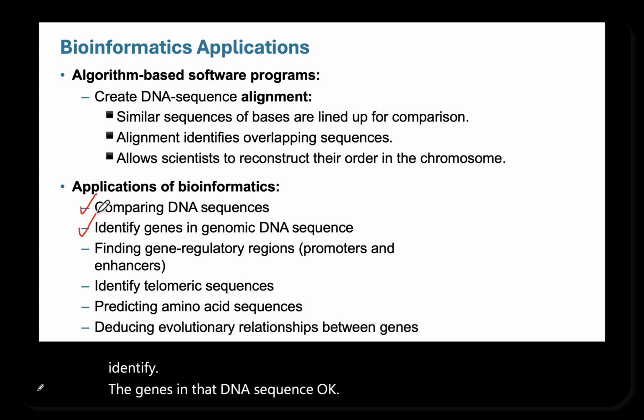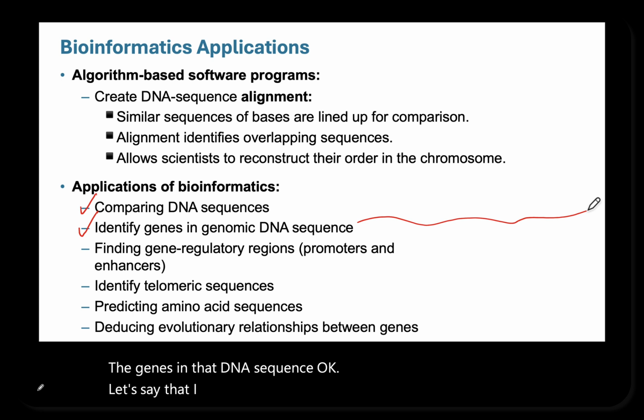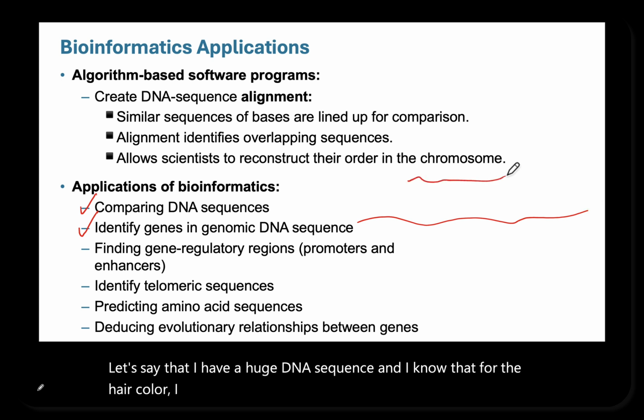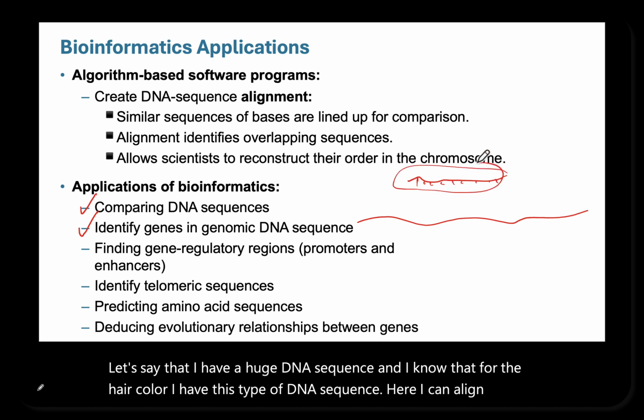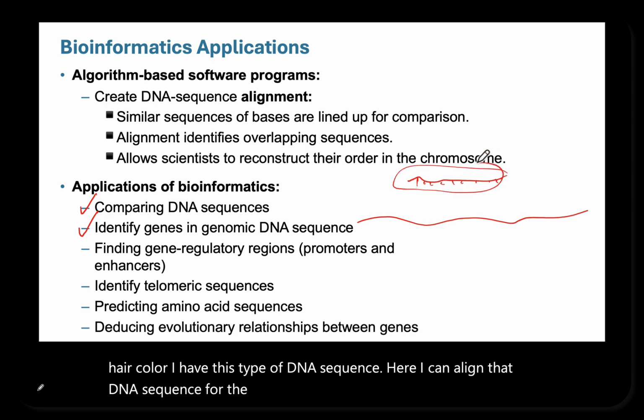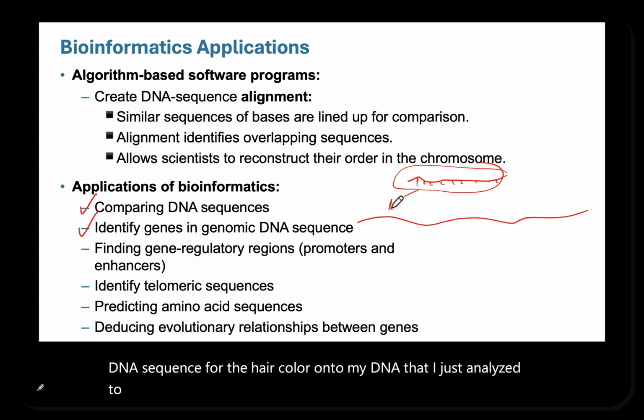Okay, let's say that I have a huge DNA sequence, and I know that for the hair color, I have this type of DNA sequence here. I can align that DNA sequence for the hair color onto my DNA that I just analyzed to identify whether that whole DNA has the gene I was looking for or not.